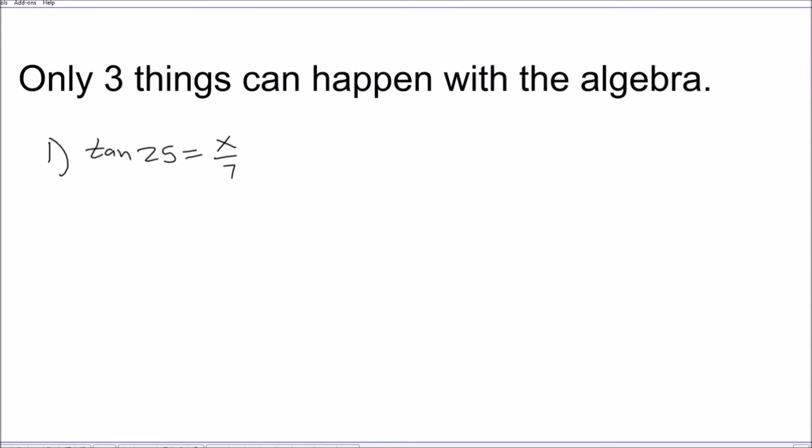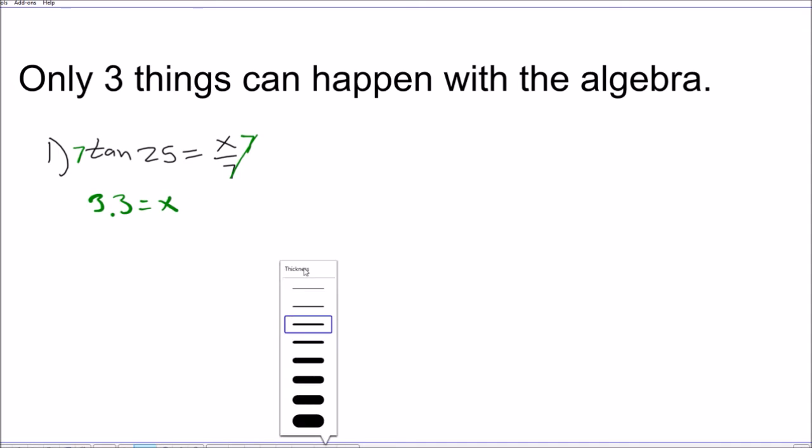And the algebra steps, when we have that, what we're going to do is multiply by 7. Last time it was 10, and then we're going to type that in the calculator and get 7 tan 25 equals 3.3. Okay, that is the first thing that can happen.